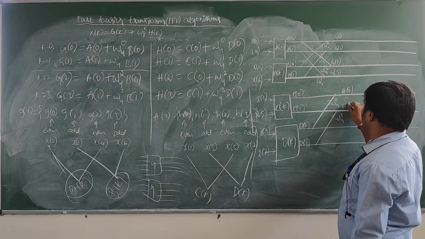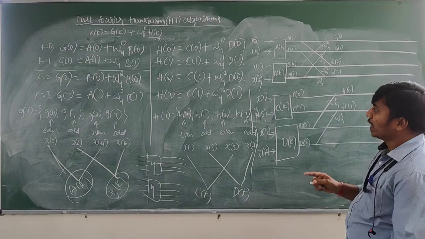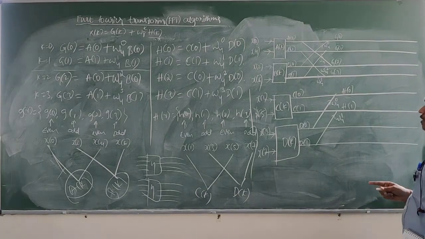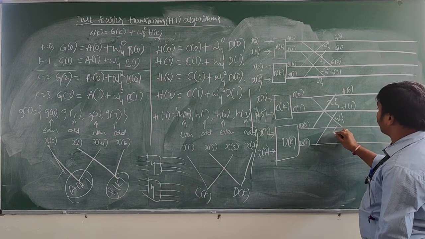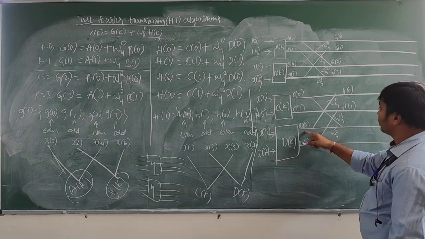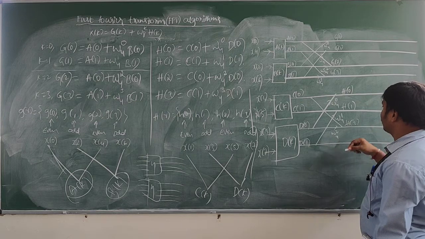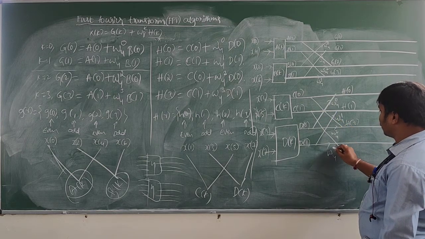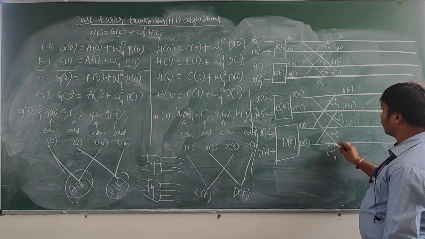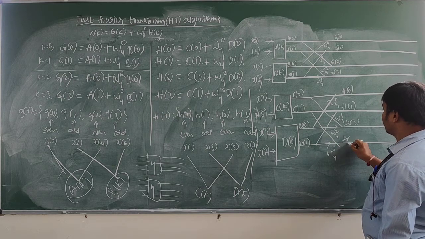That gives you H of 1. Okay. So next I have H of 2. H of 2 is C of 0 plus W of 4 power 2 into D of 0. That is H of 2. So next, W of 4 power 3 into D of 1 plus C of 1 will give you the H of 3.